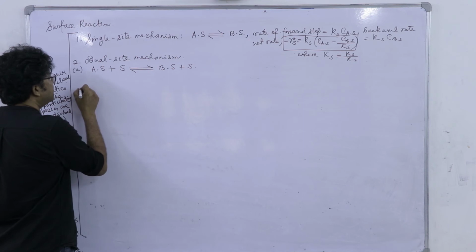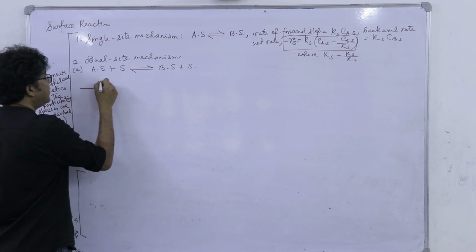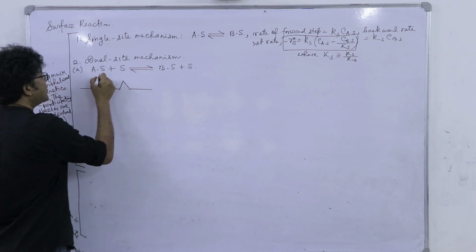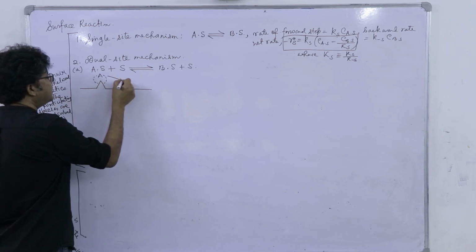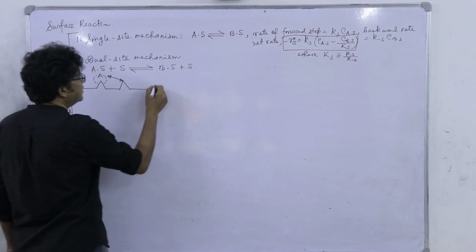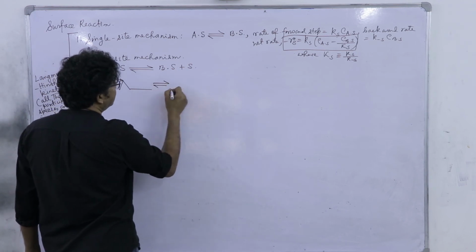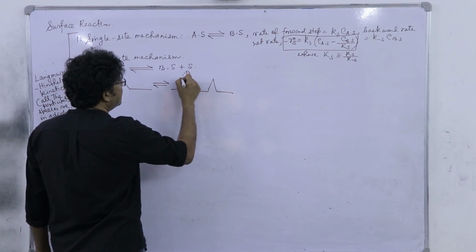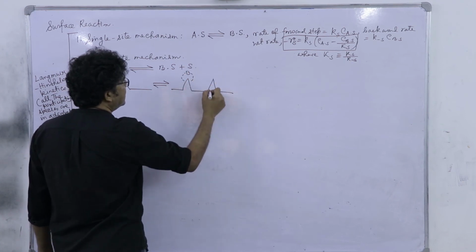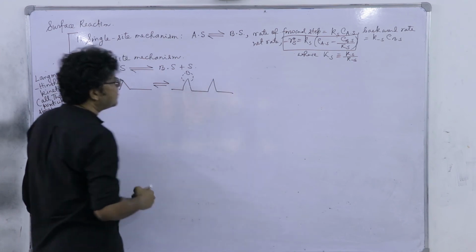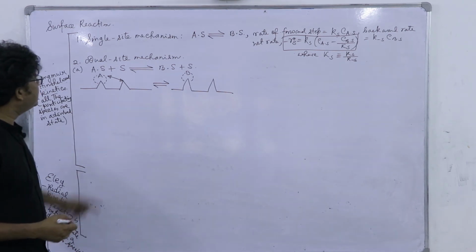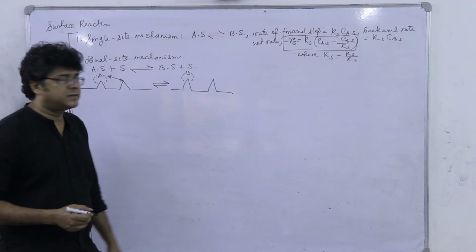So, that means here we have an active site, here is another active site, here we have adsorbed A, it interacts with this active site, right, and it produces B also in the adsorbed state and another active site S, right. So, that is the mechanism of this reaction, and this is the first type of dual site mechanism.